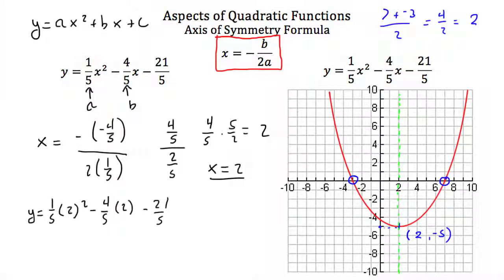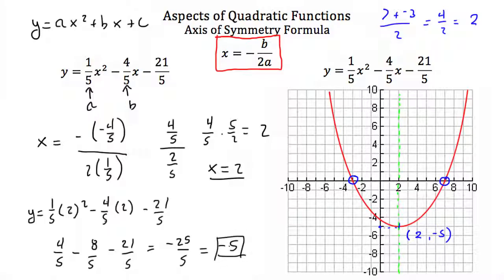Now 2 squared is 4, and 4 times 1/5 would be 4/5. 4/5 times 2 is 8/5, so we're subtracting 8/5, and then we're subtracting 21/5. 4/5 minus 8/5 is a -4/5, and then subtract 21/5 will give us -25/5, or -5.